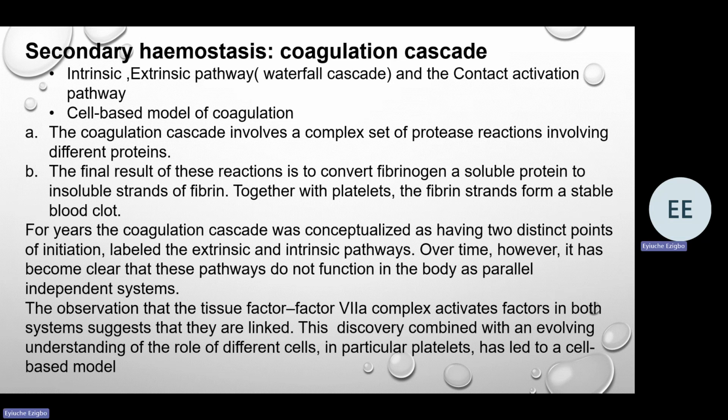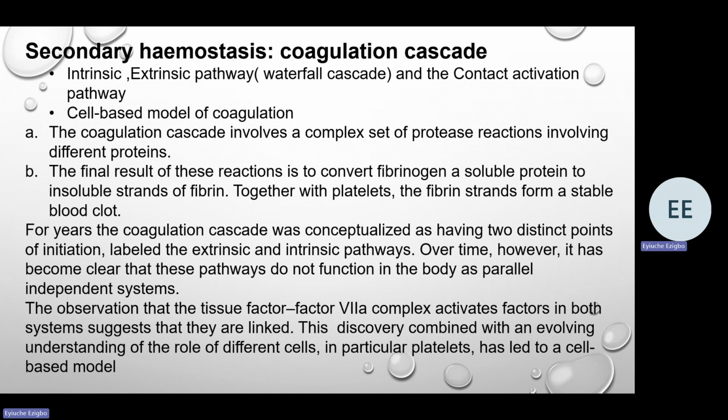For years, the coagulation cascade was conceptualized as having two distinct points of initiation, labeled the extrinsic and intrinsic pathways. Over time, however, it has become clear that these pathways do not function in the body as parallel independent systems. The observation that the tissue factor-factor 7 complex activates factors in both systems suggests that they are linked.